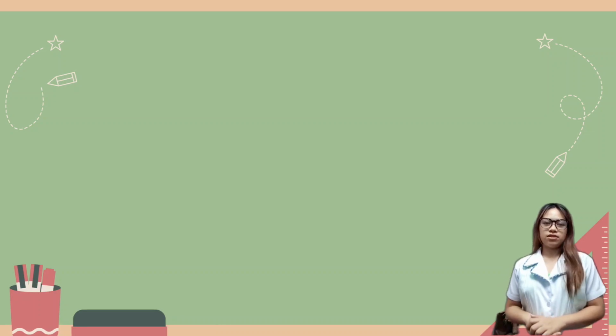And student number two will demonstrate the proper cleaning and storage of farm tools after use. So the rest of the class will observe and identify whether the procedures are done correctly. And after the demonstration, I will ask you some questions regarding your activity. So are we clear? Okay, so you can start now. I will give you 5 minutes.